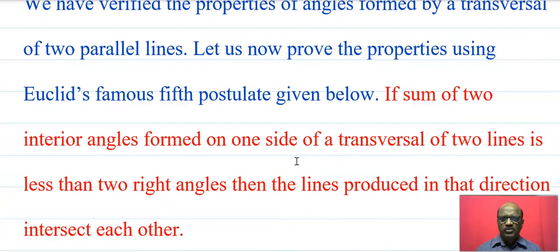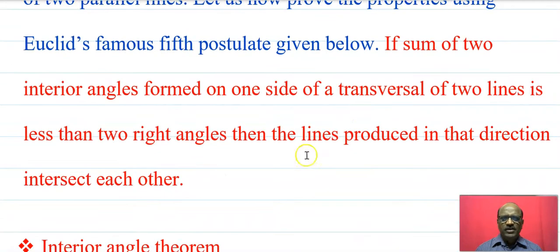What was that fifth postulate? If the sum of two interior angles formed on one side of a transversal of two lines is less than two right angles, that is less than 180 degrees, then the lines produced in that direction intersect each other. By using this fifth postulate, we will prove the interior angle theorem.